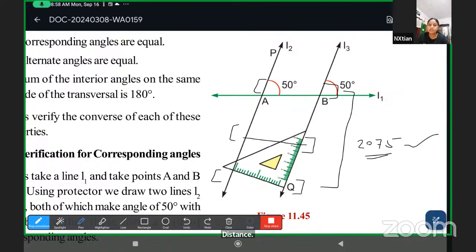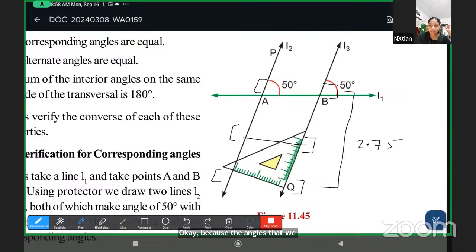Why? This is point 7. Okay. So what it is, is that lines L2 and L3 are parallel, because the angles that we constructed are both equal.